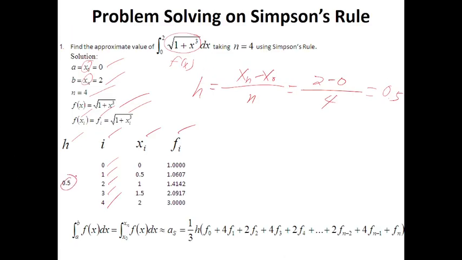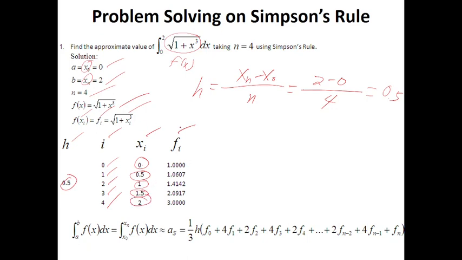So we start with x sub 0 equals 0, then 0 plus 0.5 is 0.5. Then we add again, we have 1, we add again, we have 1.5, we add again, we have 2.